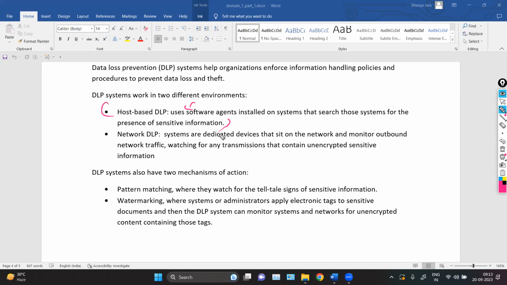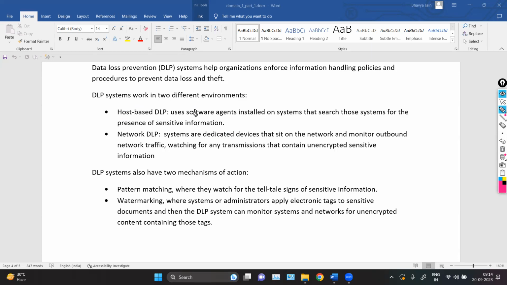That is host-based DLP, which is installed in your systems to search those systems for the presence of sensitive information. Let's say you apply this host-based DLP in your company's environment. Now that host-based DLP will search for the systems that contain the sensitive information, and then you can protect it.